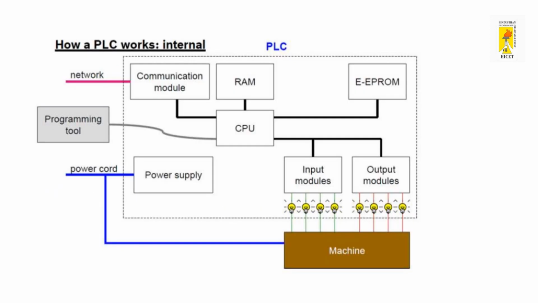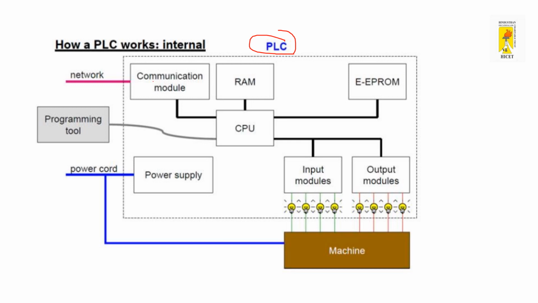This slide shows you how a PLC works internally. This diagram shows a clear picture where the PLC has different types of devices clubbed together, and the functioning is done with the help of all these devices.